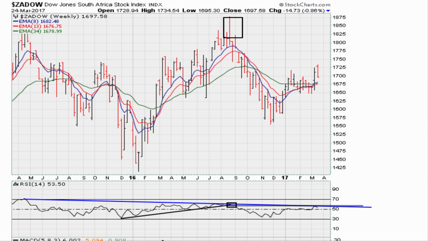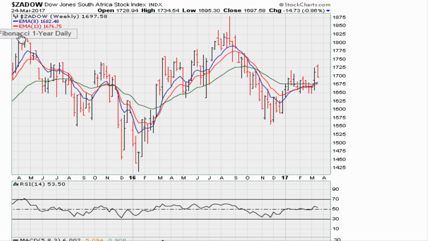So as long as we are seeing weekly resistance on that same level, we have to assume that the market needs to confirm strength by moving above those two lines. The more it can't move above those two lines, the more it suggests that the next major swing trade for the South African market is lower.